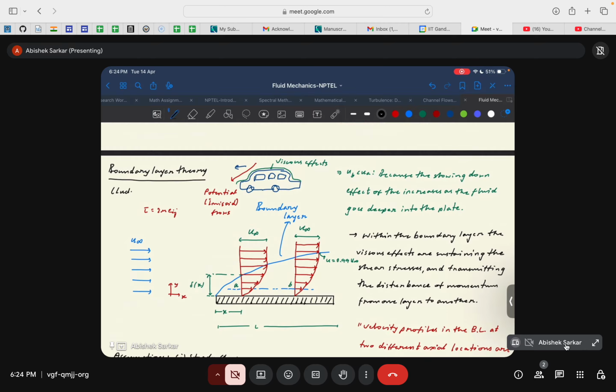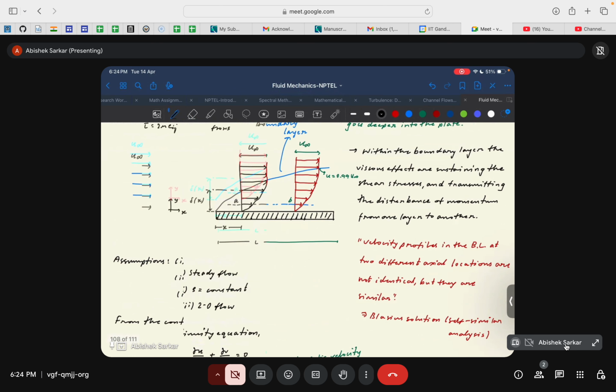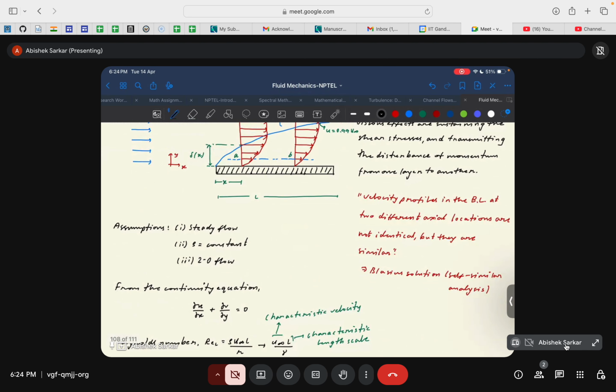So the student of the founding father of the boundary layer was the one who found the solution for the boundary layer theory. A good story to know. The doctoral student of Prandtl, Blasius, was the one who found the solution of the boundary layer. I think that's not a part of the course, but a good story to know.